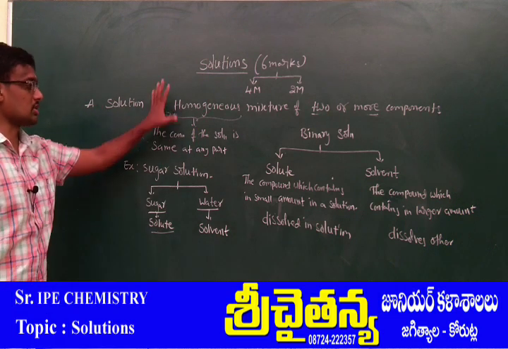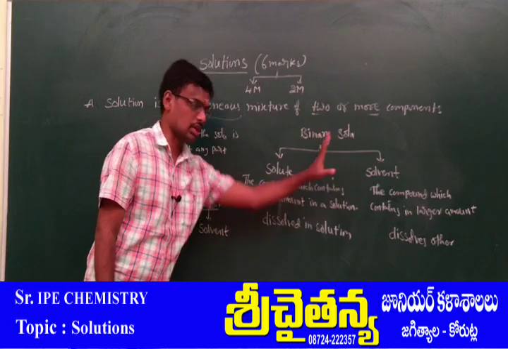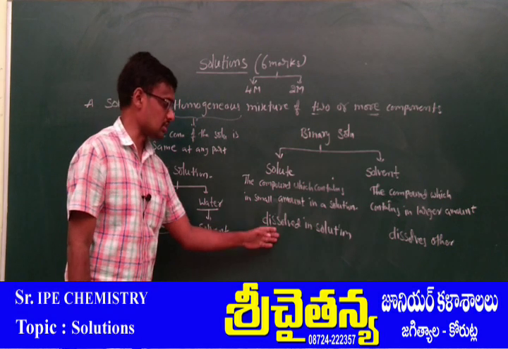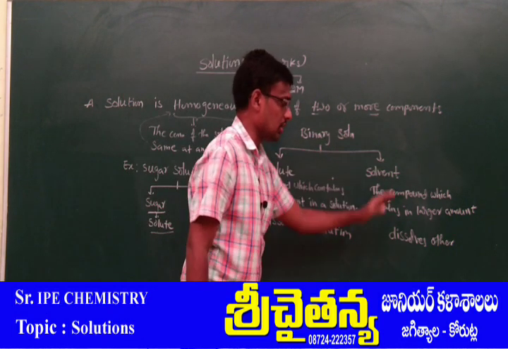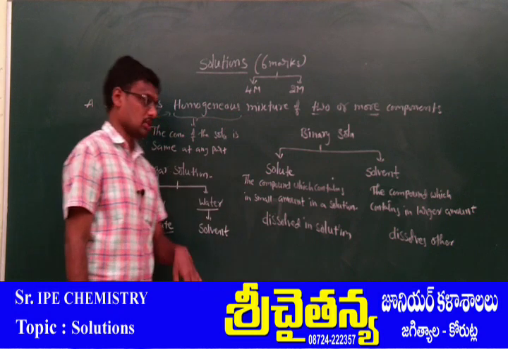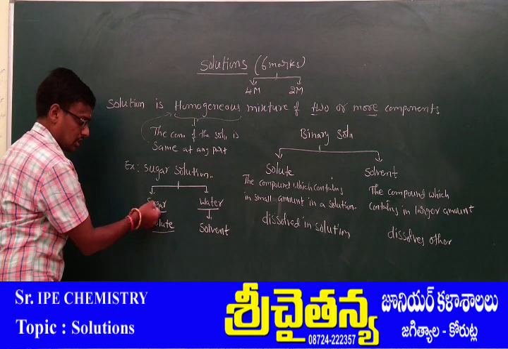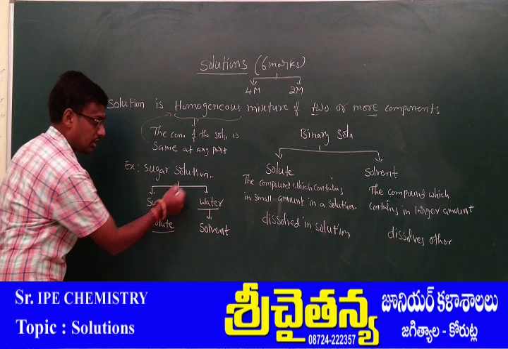Homogeneous means the concentration is the same. A binary solution contains two components, solute and solvent. Solute is present in a very small amount and is always dissolved in the solution. Solvent is present in a larger amount and dissolves other substances in it. Example: sugar solution. Sugar is the solute, water is the solvent, because sugar is dissolved in water.